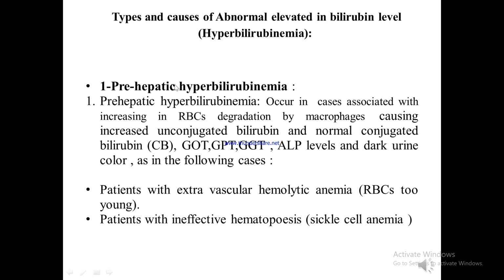We can see pre-hepatic hyperbilirubinemia in 2 cases: patients with extravascular hemolytic anemia associated with autoimmune disease, and patients with ineffective hematopoiesis, sickle cell anemia.